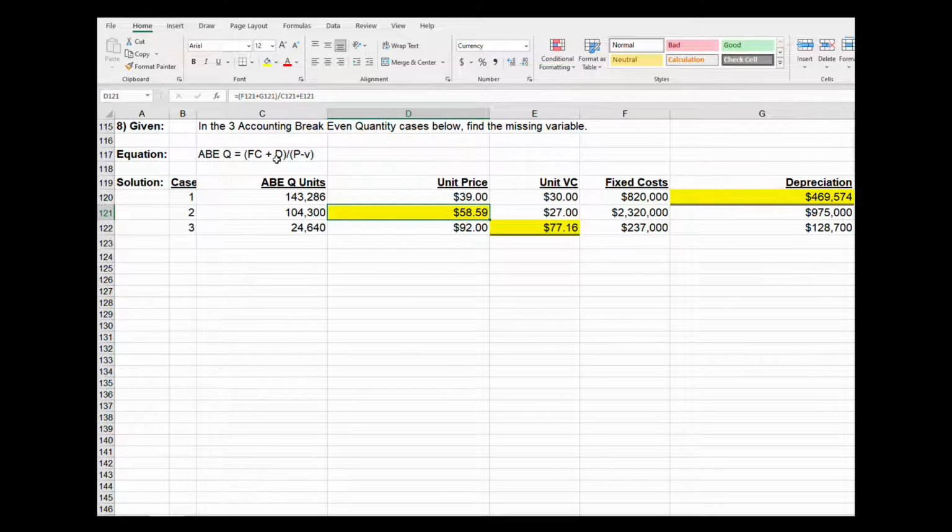In case 2, we're looking for unit price with different givens. So again, we solve that accounting break-even quantity for price and I get $58.59. And in case 3, we're looking for unit variable costs, so we're looking for little v in the accounting break-even quantity equation. Solving for little v, we get $77.16, and there are your answers to problems 7 and 8.